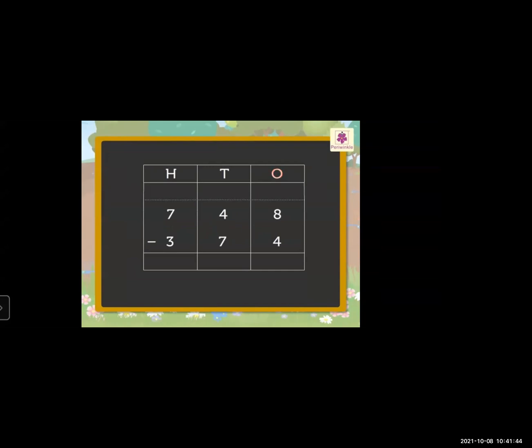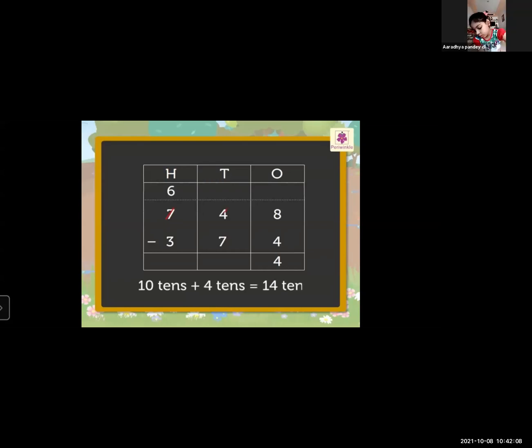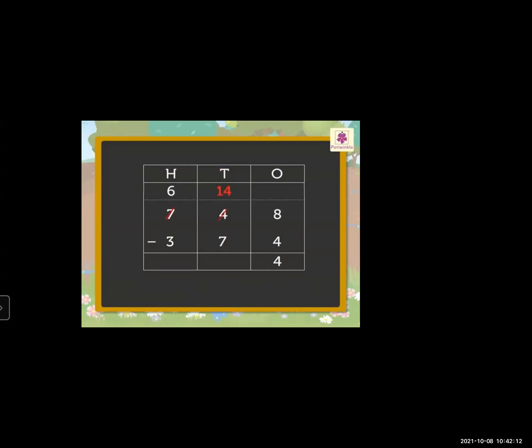Subtract the ones. That is 8 minus 4 is equal to 4. Now subtract the tens. That is 7 from 4. As 4 is smaller than 7, we regroup 700s as 600s plus 10 tens. Now we have 10 plus 4 is equal to 14. Therefore, 14 minus 7 is equal to 7 tens.